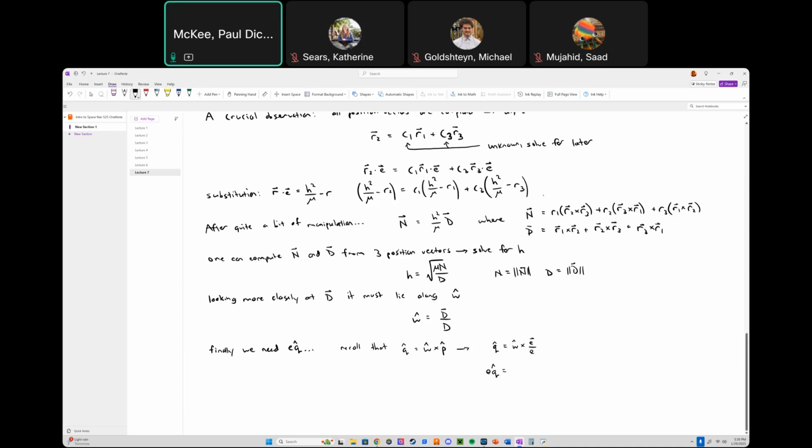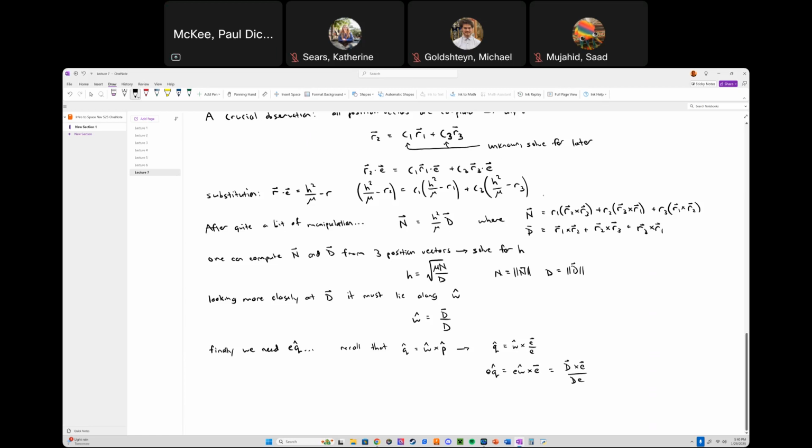EQ is, in this case, EW crossed with E, which, if you do some more manipulation, and there's a lot of, I promise the cross product stuff works out. This works out to be D crossed with E over DE.